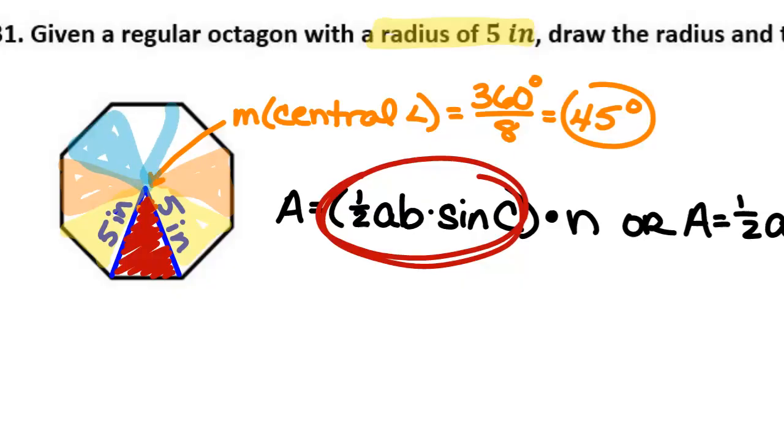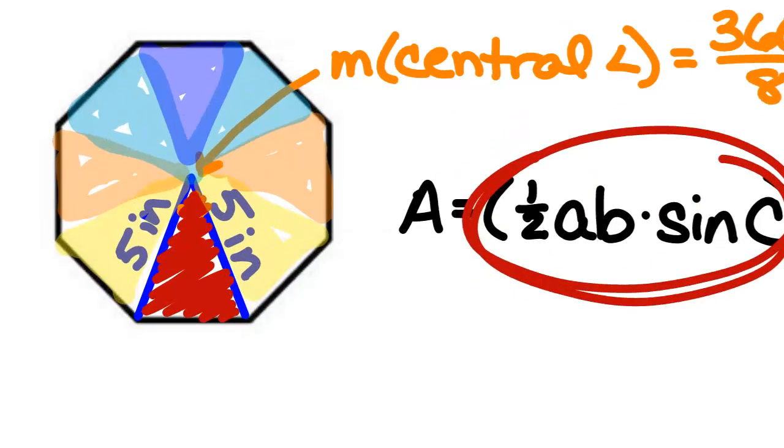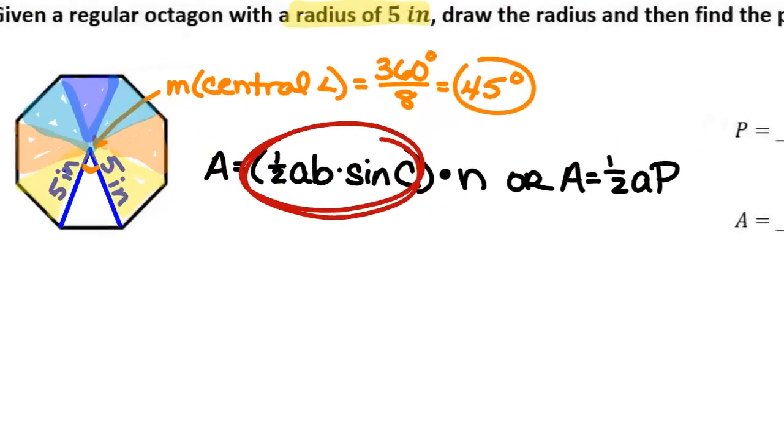I could make 8 total congruent triangles, just like that bottom one. A and B are sides of the triangle. C is the measure of the central angle. It's the angle in between my two sides.